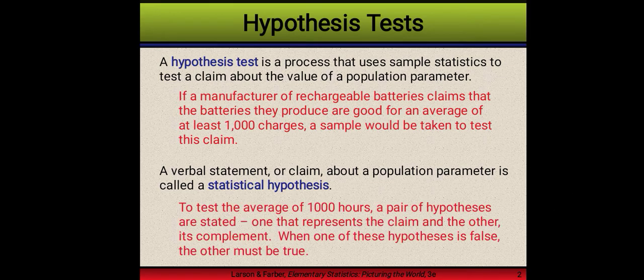To test the average of 1,000 hours, a pair of hypotheses are stated, one that represents the claim and the other its complement. One of these hypotheses is false and the other must be true. Since we have two opposing claims, one of them must be true and the other false.